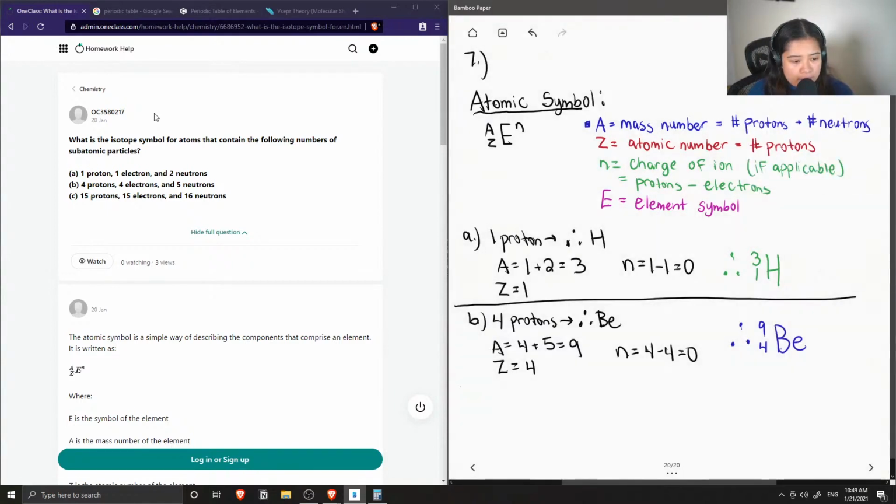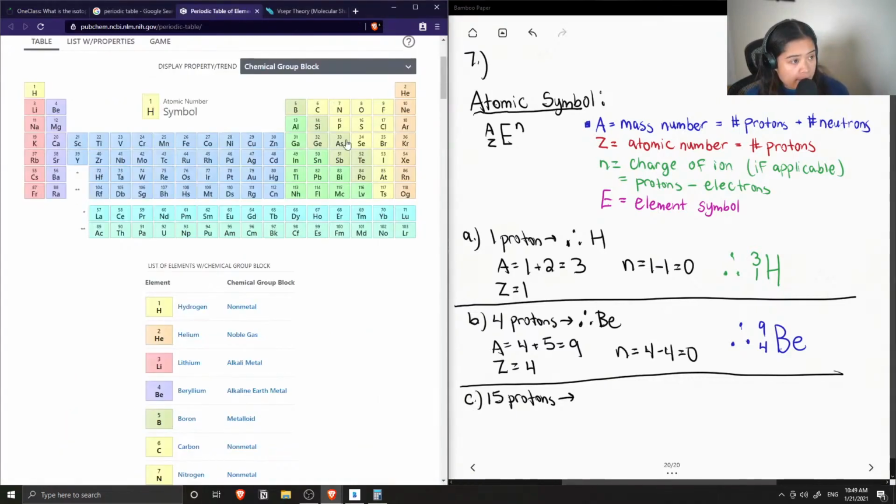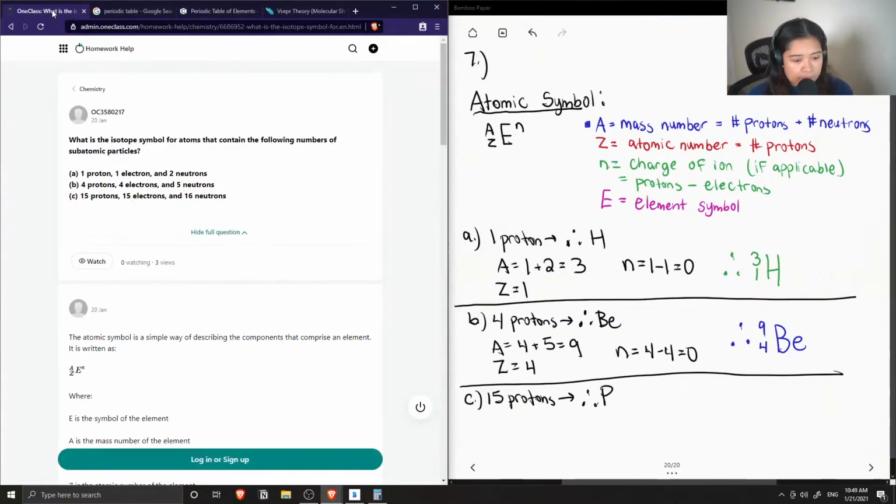Okay, so now let's do our last part. We have 15 protons. So this tells us that our element is phosphorus. So now let's calculate its mass number.